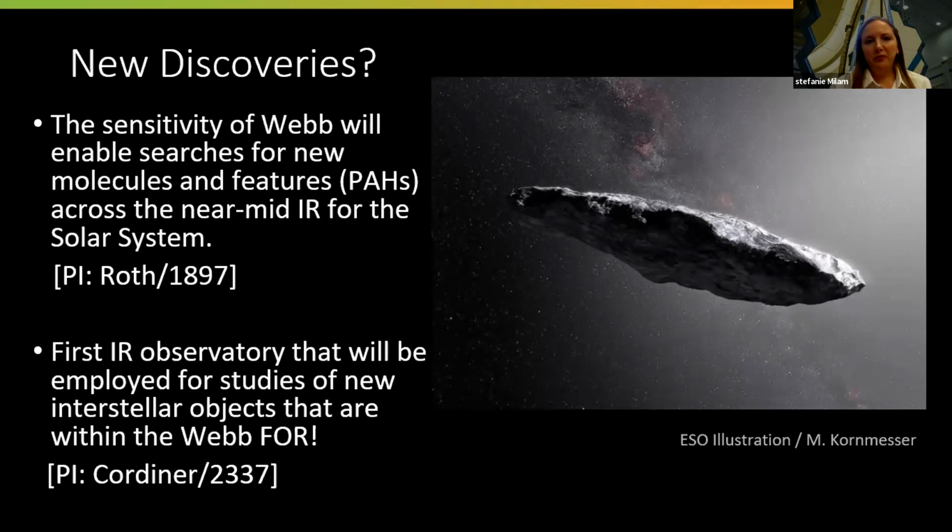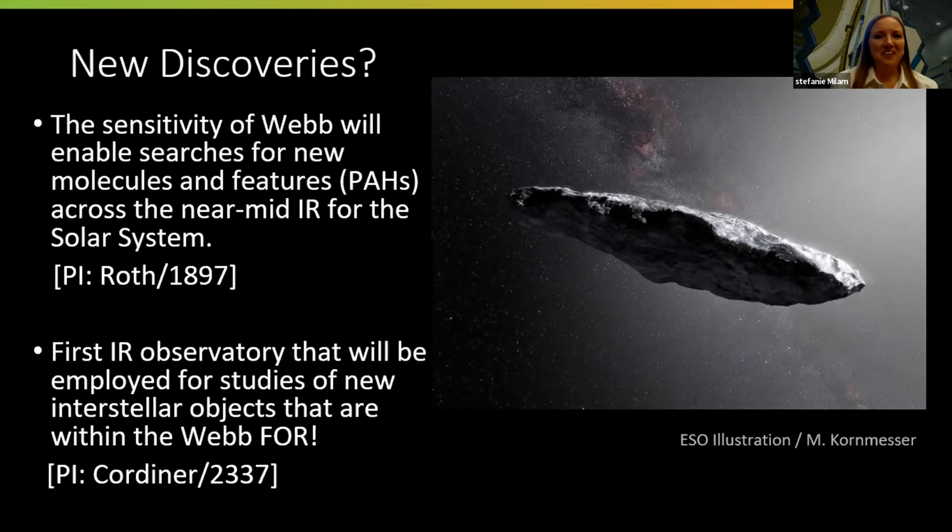So one particular program that I want to highlight is by my group for cycle 1, where we're going to be searching for polycyclic aromatic hydrocarbons in a comet. These have been claimed to be detected previously from other observations, but never confirmed. So with Webb's sensitivity and wavelength coverage, we can start probing this in nice intricate detail and understand what's happening as far as the complex carbon chemistry in some of these primitive bodies.